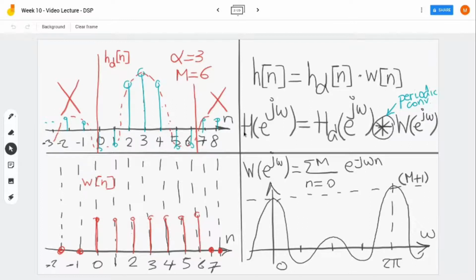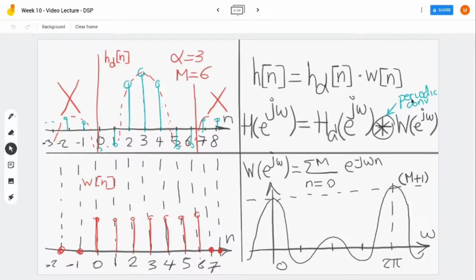This will give us the frequency response of the actual filter, h of e to the power j omega. And here we can see that the frequency response of the practical filter we can implement is the periodic convolution of the desired frequency response and the window. And here we can understand that the choice of the window will affect the frequency response of the filter we have over here.